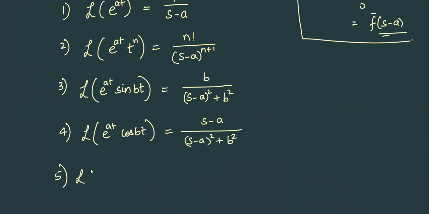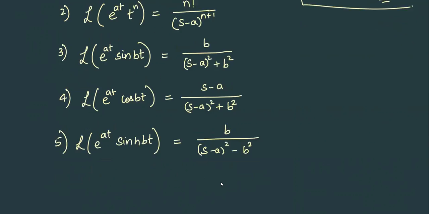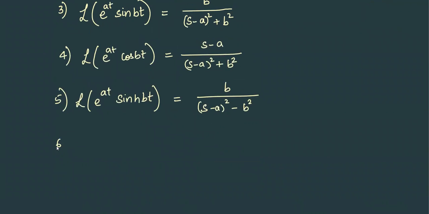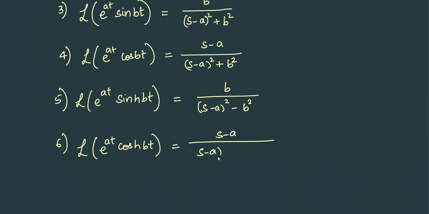Extending this to sine hyperbolic and cos hyperbolic, you have b by s minus a whole square minus b square, and s minus a by s minus a whole square minus b square.